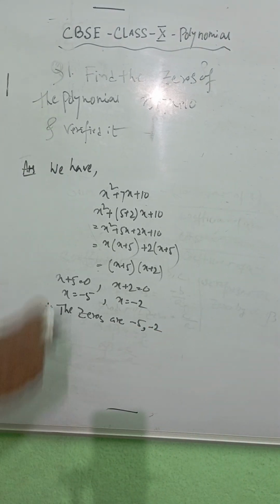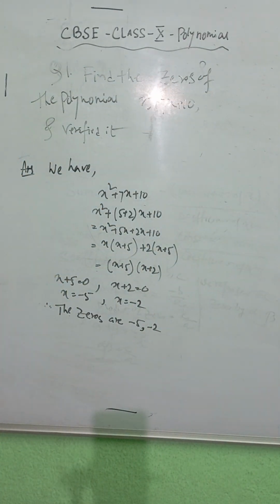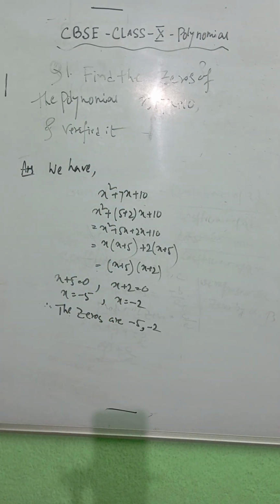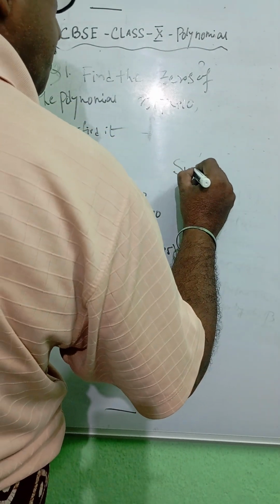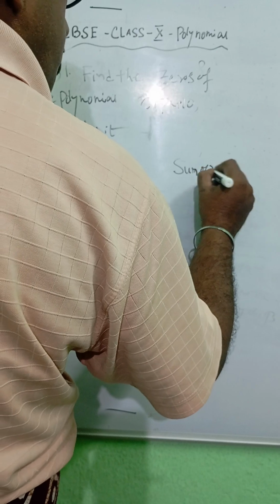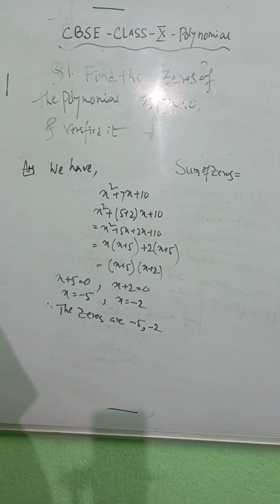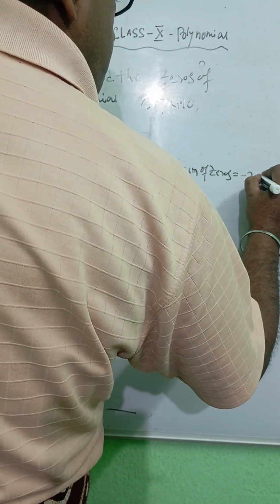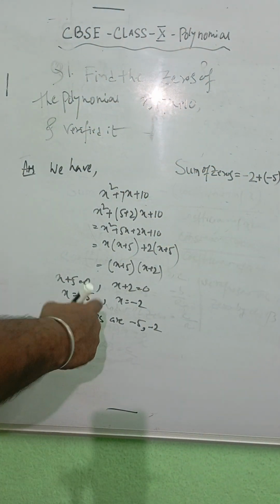Now the first part is over: find the zeros of the polynomial. Now the second part is verify it. How to verify it? The sum of zeros is equal to minus 2 plus minus 5. This is the sum of zeros.